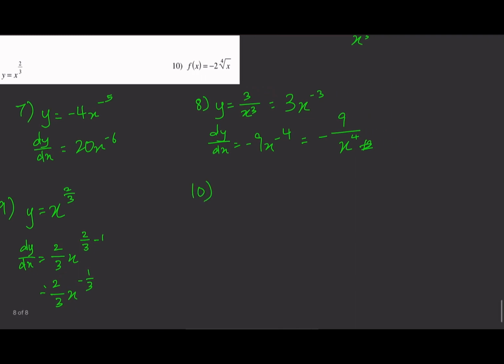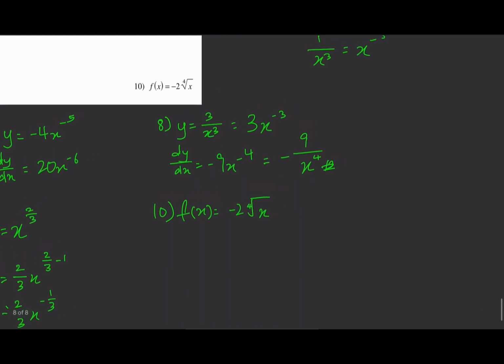Question 10. We have f(x) equals negative 2 times the fourth root of x. Okay, this may seem a bit complex, but once you get the hang of it, it should be pretty simple. So, remember, the square root of x equals x to the power of half, right? So, the fourth root of x equals x to the power of 1/4.